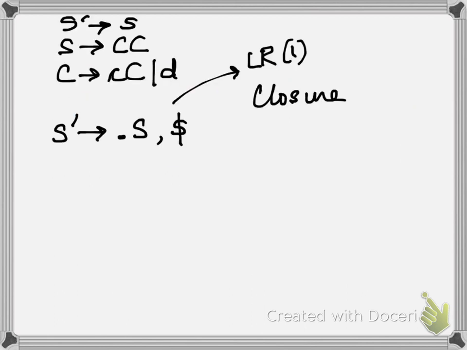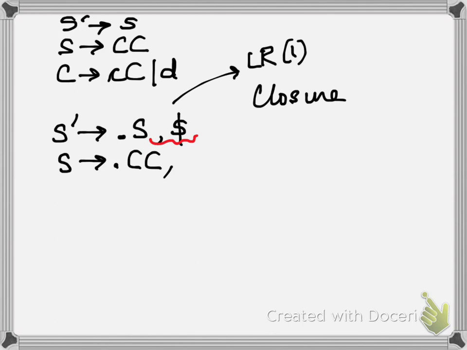So coming to our example, here we have S dash derives dot S and dollar. So we have to include the S production, with dot in the beginning. So S derives dot capital C. Okay. Now we have to put the look ahead. So the look ahead would be whatever is in the first of the remaining portion.